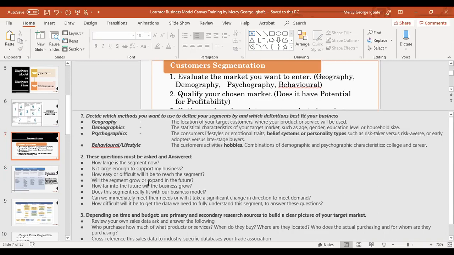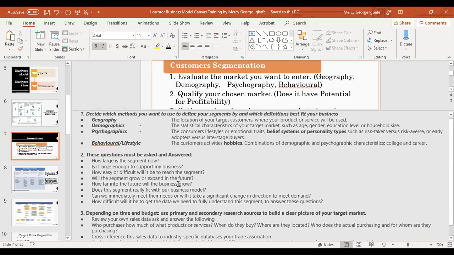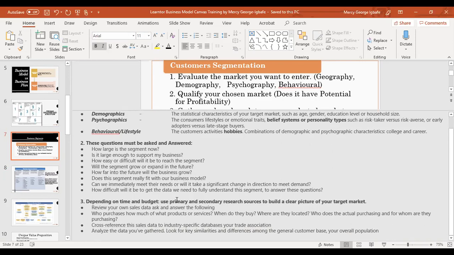Will the segment grow and expand in the future? How far does this segment fit my business model? Can we immediately meet the needs of the customers? These are some of the questions that you must ask and answer.